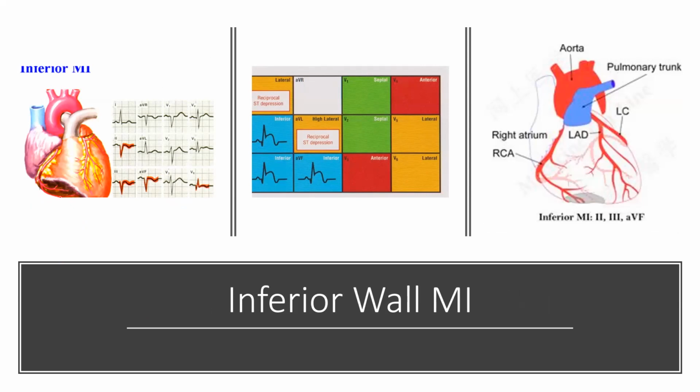This is also called the diaphragmatic portion of the heart. That is the reason why a lot of times physicians will diagnose this as a diaphragmatic wall MI. It is the same as an inferior wall MI. They could be used interchangeably.